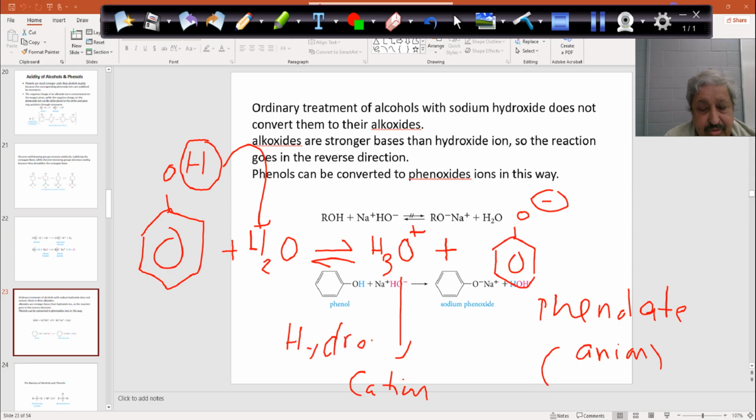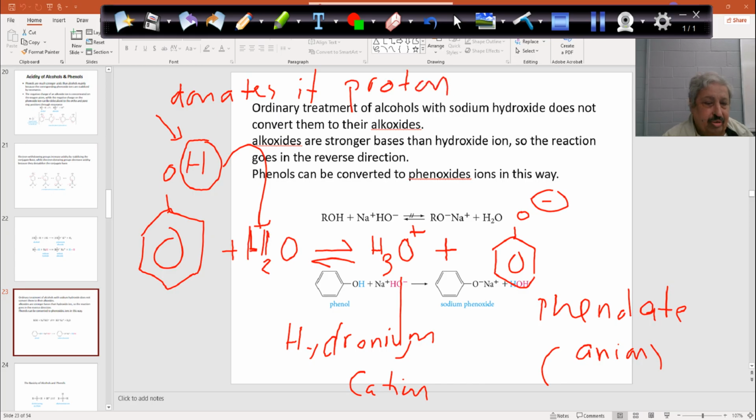So this is typical of what? A base? No, that's typical of dissociation of a weak acid, correct? Because it has a double arrow. So the phenol donates its proton to the H2O. The H2O will take the proton. You have 3 hydrogens, 1 oxygen, producing what? Producing hydronium ion.